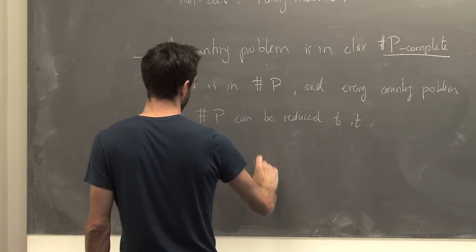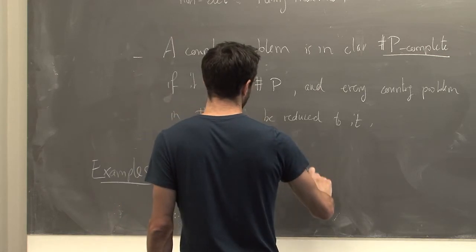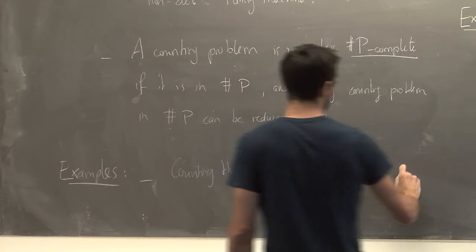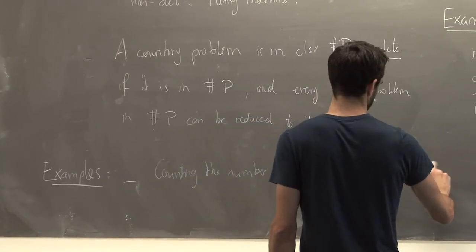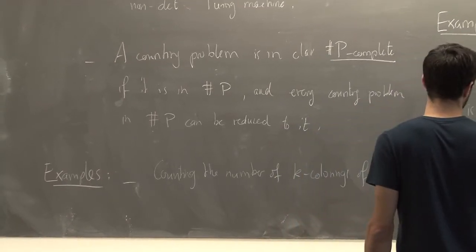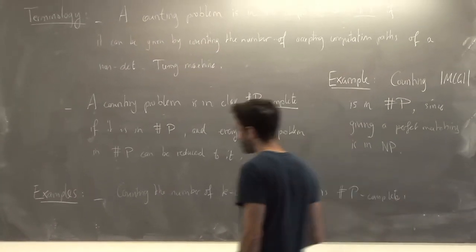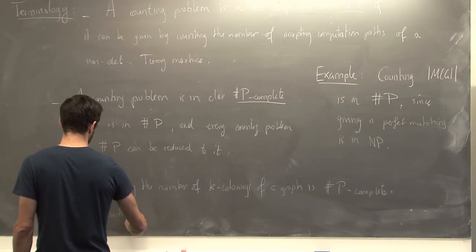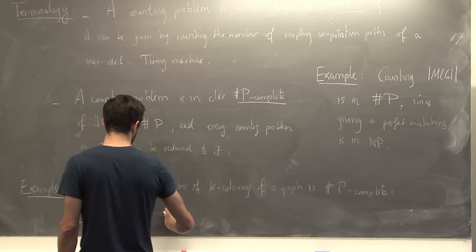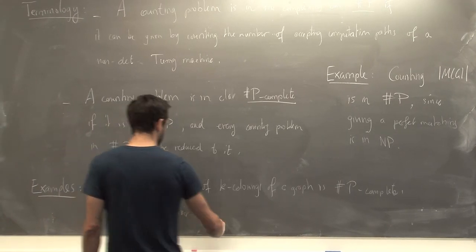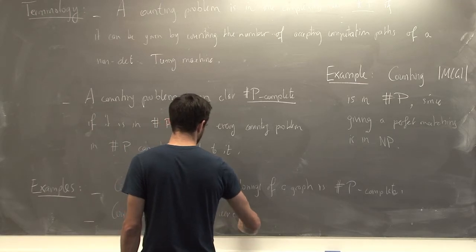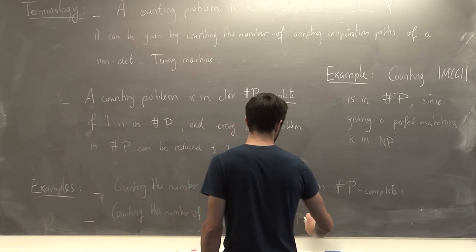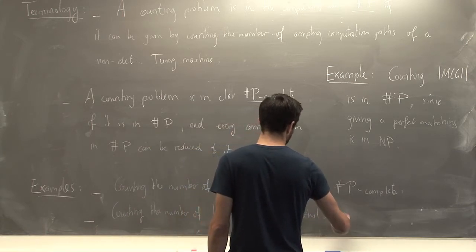Counting the number of k colorings of a graph is sharp P complete. Another example, counting the number of so-called linear extensions of a partial order on a set.